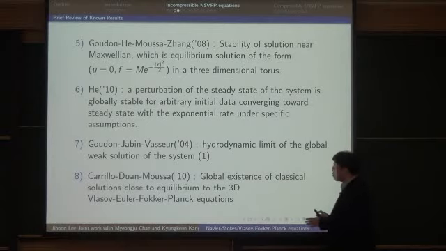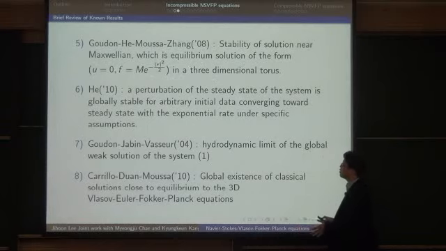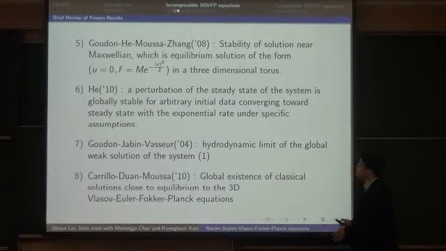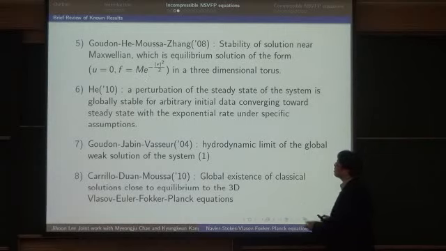If we consider some steady solutions, then we have this kind of steady solution, which we call a Maxwellian, in the three-dimensional torus. They obtained that if the initial data is just a small perturbation, then they can obtain the global existence of strong solutions.